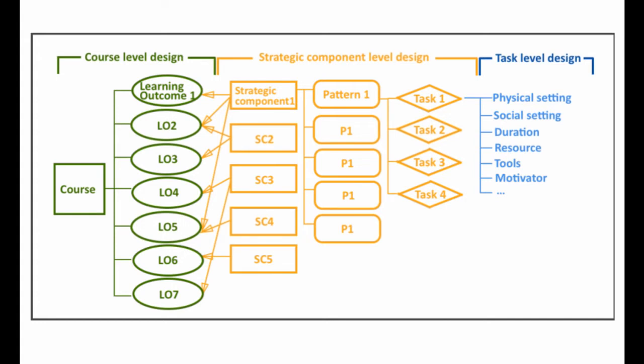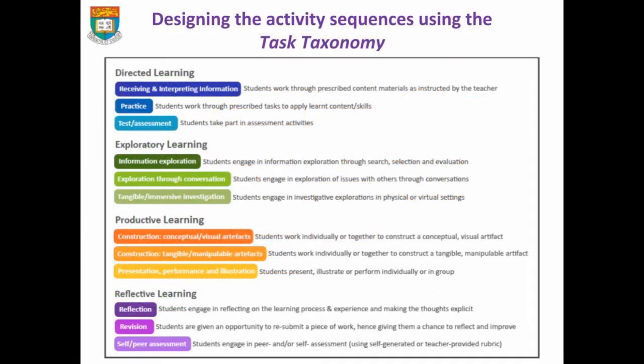Each design pattern consists of a sequence of learning tasks, which together manifest a design strategy that can effectively tackle one or certain learning outcomes. To facilitate the formulation of task sequence, we have developed a task taxonomy that specifies the nature of experience that each type of task will provide for learners.